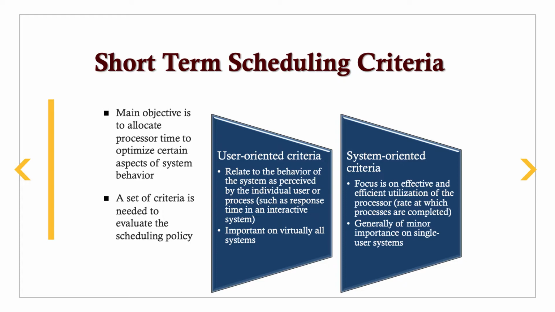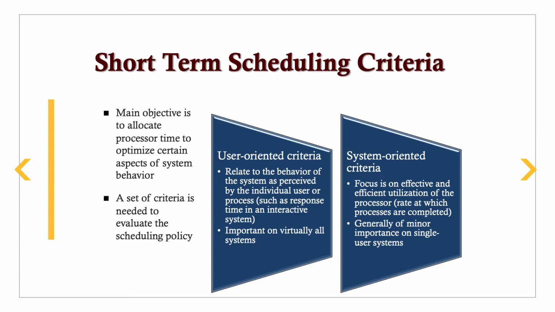Now, we also have system-oriented criteria. The focus there is on effective and efficient utilization of the processor, right? So now we're talking about the rate at which processes are completed. On a single-user system, this is of minor importance, but think again about the server that I was mentioning.